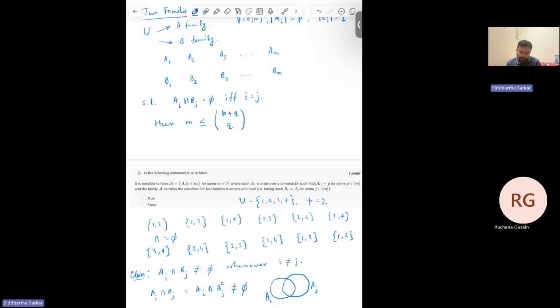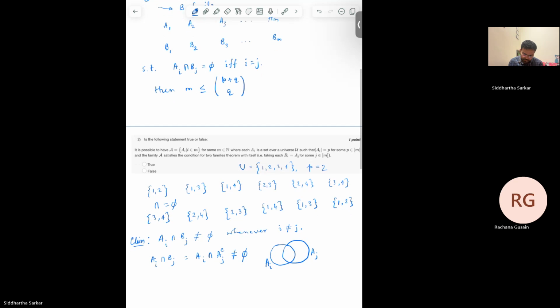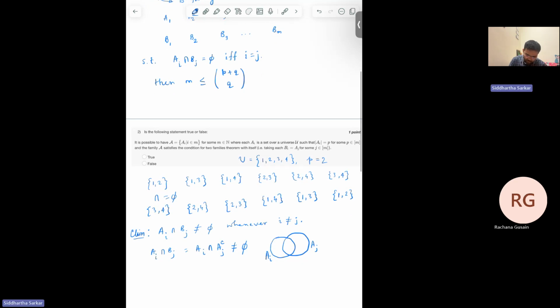So can we do it for p equals to 1? So in a universe 1 comma 2, let us say the smallest, we could do it with 1 comma 2 also, I think. So now we want to check what is the general trick.